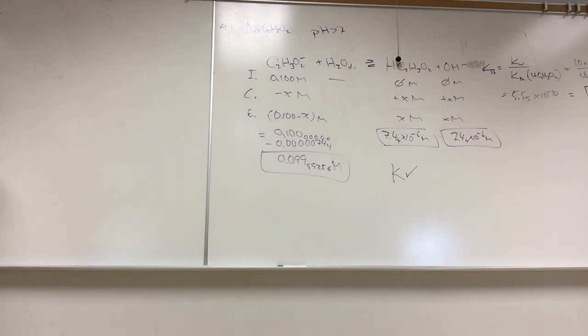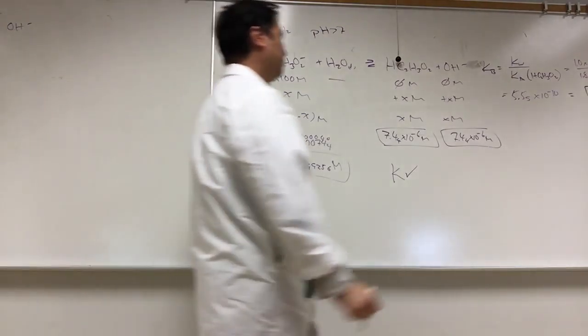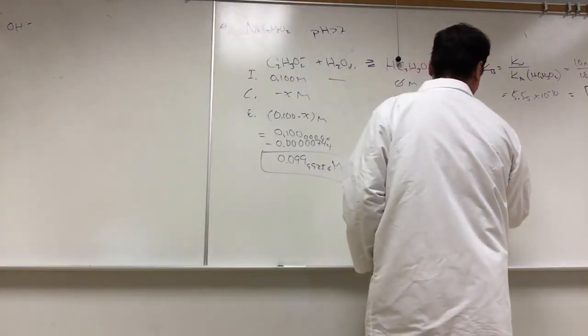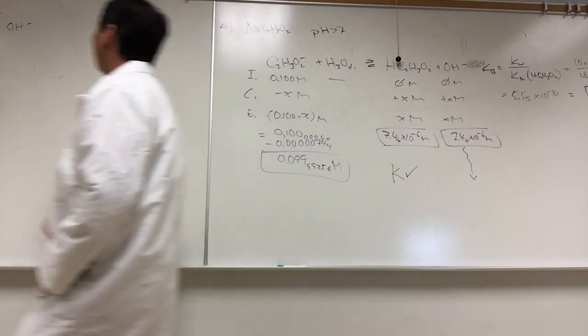But since 10 to the minus 6 is kind of borderline where we might start to worry, let's go ahead and calculate the additional contribution of hydroxide from water. And so what we're going to do is go ahead and do step 2 here and see if water contributes a significant amount of hydroxide to step 1. So we're going to carry this one down to step 2.